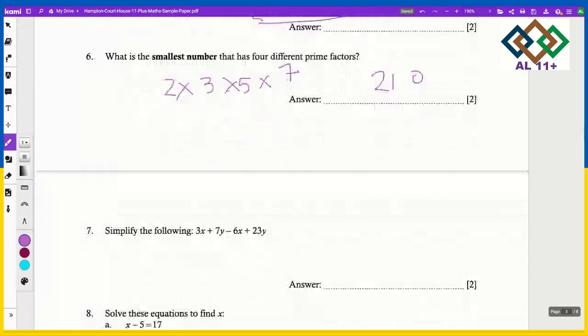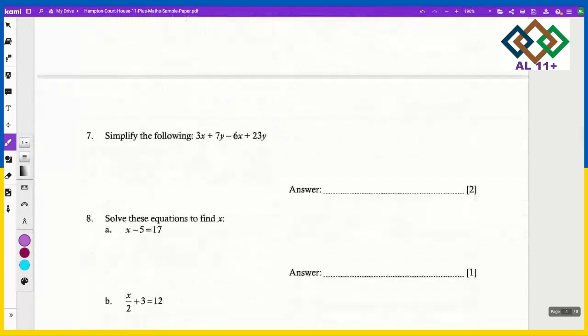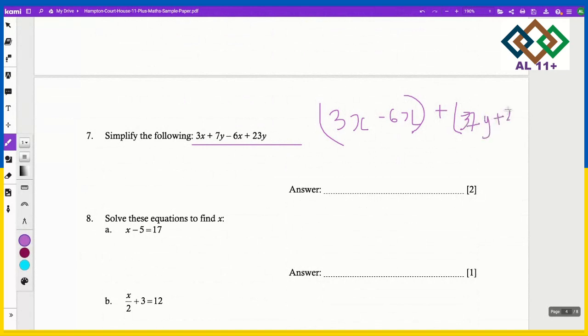Now the next one is, you need to simplify this. 3x plus 7y minus 6x plus 23y. If you have something like this, I would say put the x's together. So it'll be 3x minus 6x. We'll just put them together. And then you have 7y plus 23y.